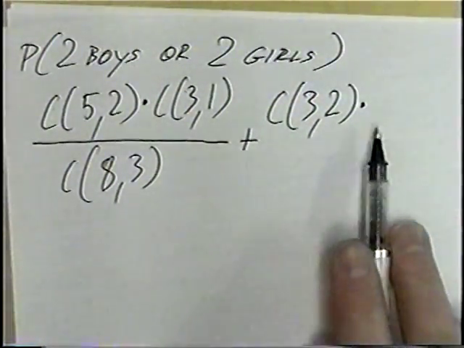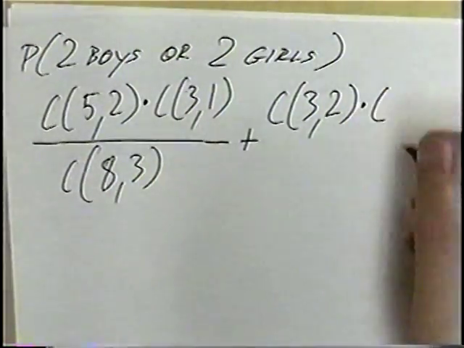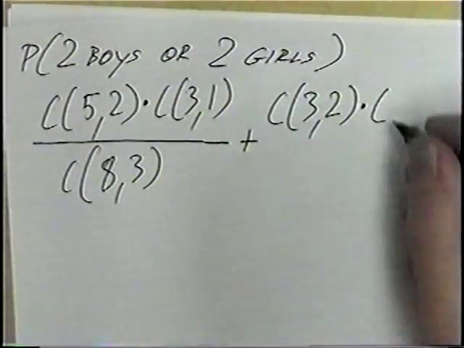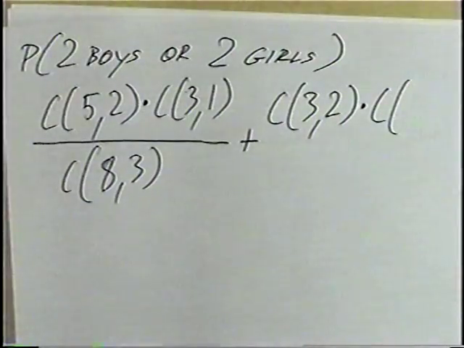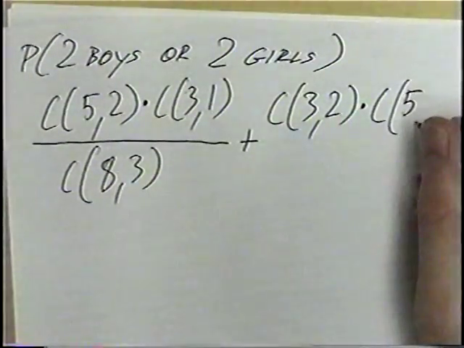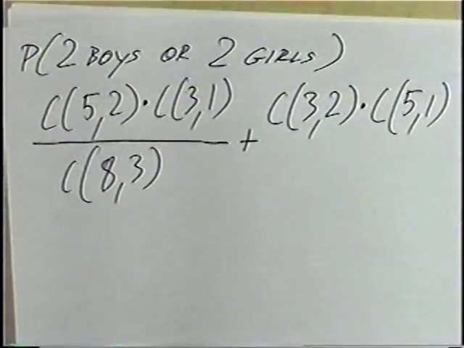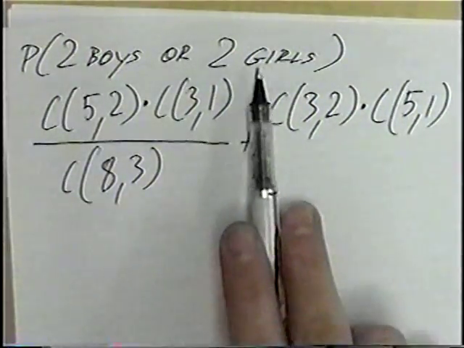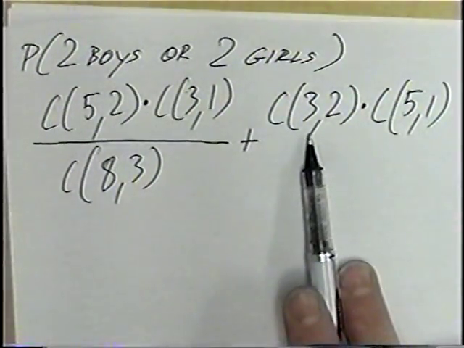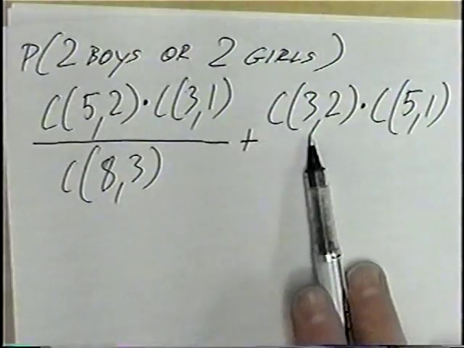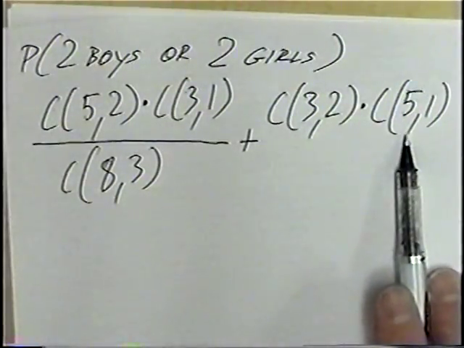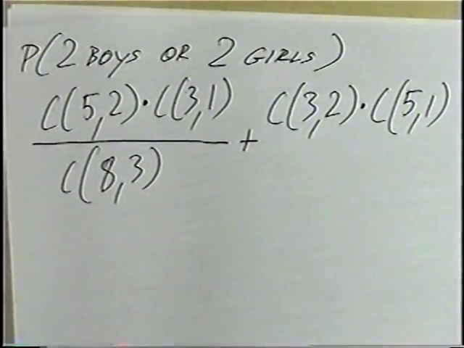Since we're picking 2 girls, the one left over has to be a boy. So multiplying by the number of ways to pick a single boy, there are 5 boys altogether, and we're picking a single one. So the number of ways to pick 2 girls would be combination 3, 2 for the 2 girls times the combination for the 1 extra boy, 5, 1.